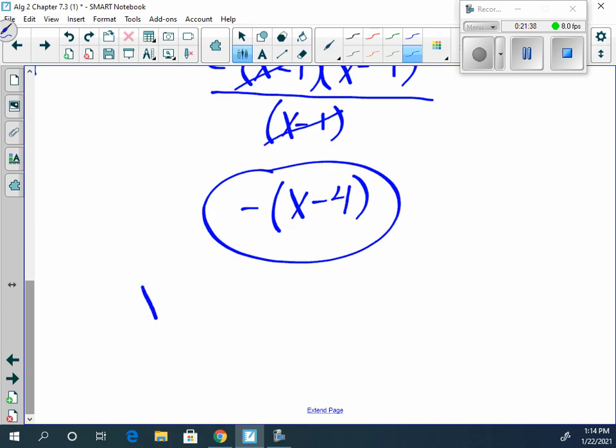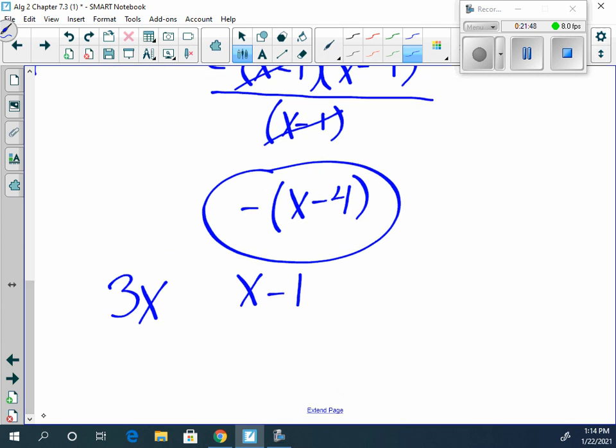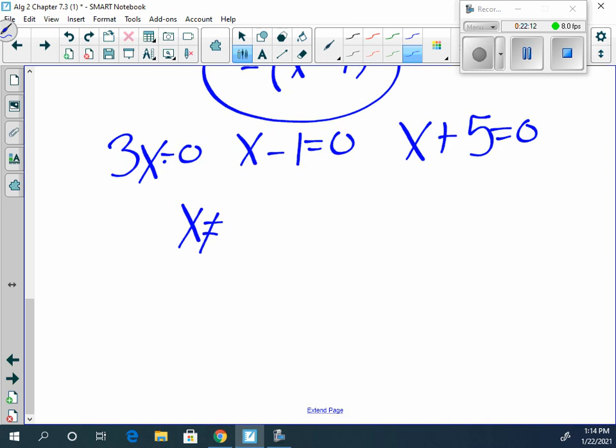So we have to list out our restrictions for 3x, x minus 1, and what was it, x plus 5. We have to list the values of x that are going to make these three equal 0. Now, for some of these, it's not too bad seeing what value of x is going to make these 0. Setting these equal to 0. So what value of x is going to make 3x equal 0?